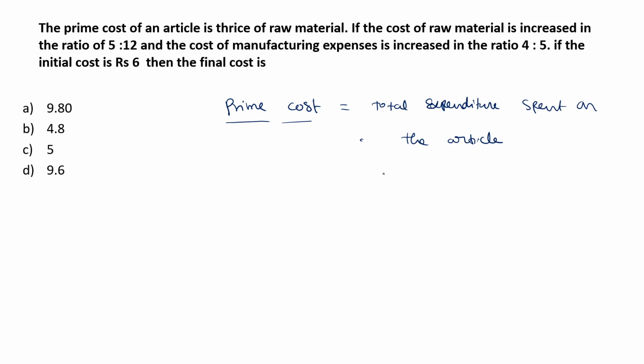Let us assume we have purchased an item for 100 rupees and we spent 10 rupees for the transport, that means to bring that item to our home, and we spent 20 rupees for repairs and painting for that article. Then the prime cost of that article would be the sum of all these elements, that is 100 rupees plus 10 rupees plus 20 rupees, that is 130 rupees. This is nothing but the prime cost.